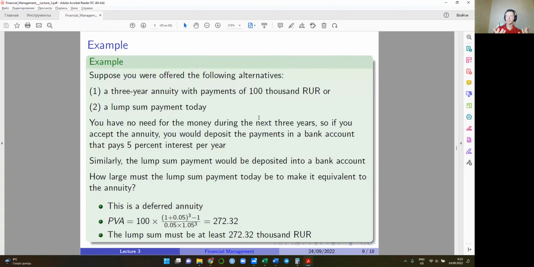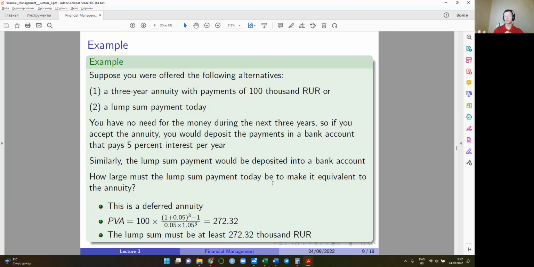Look carefully that we are not comparing 300 in total with this. It is not correct. We are comparing a stream of cash flows, an annuity with 3 payments of 100, with this amount. This is the proper way to compare. You just compute the present value of this.